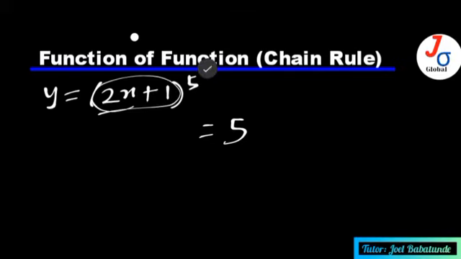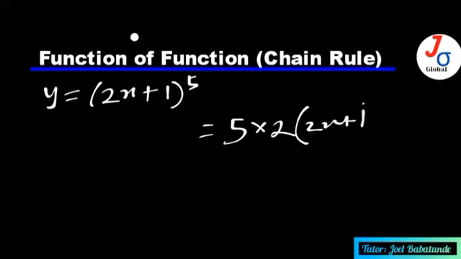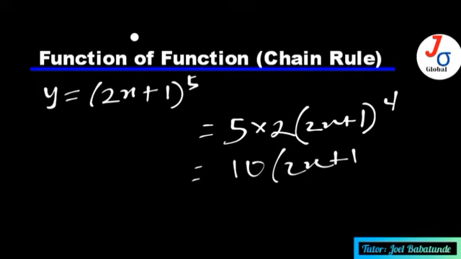What do you have? 2, because 2x is 2, plus 1 is 0. So you have times 2. Then write out this back, 2x plus 1. Then subtract 1 from the index, you have 4. And so you have 10 into (2x plus 1) all to the power 4. So that's your answer. So you can use your head.